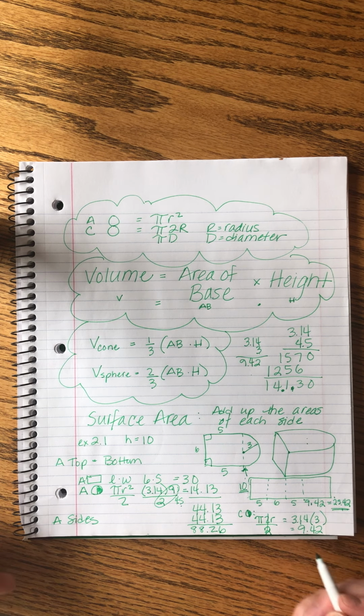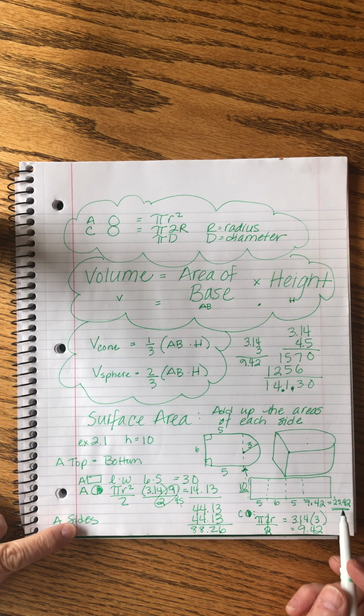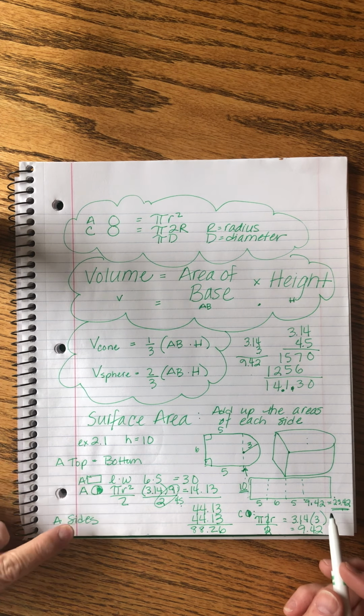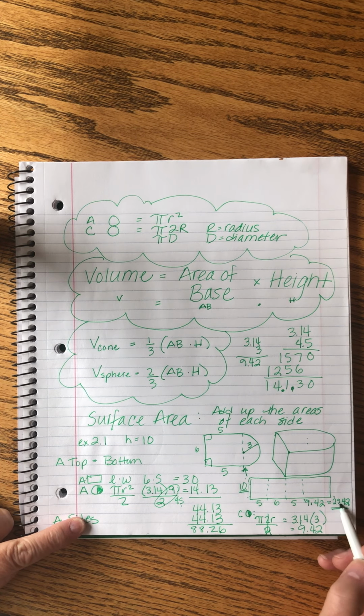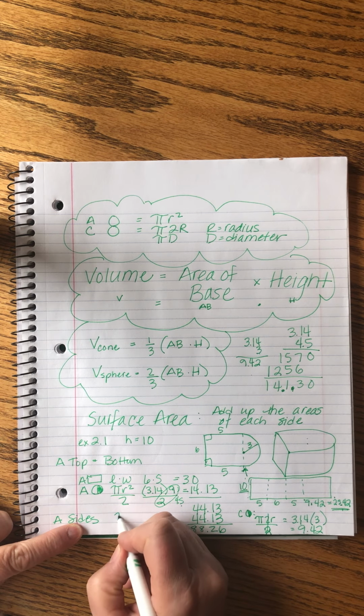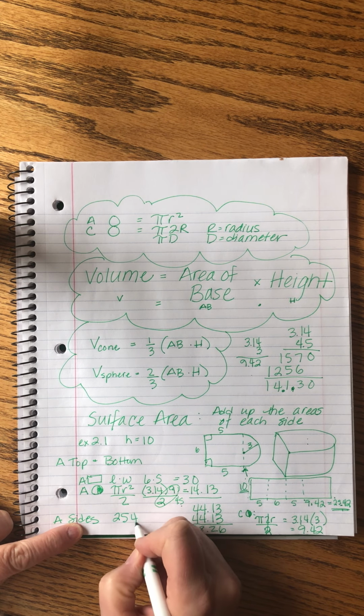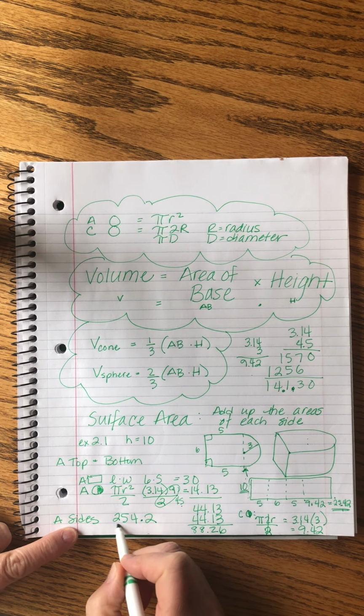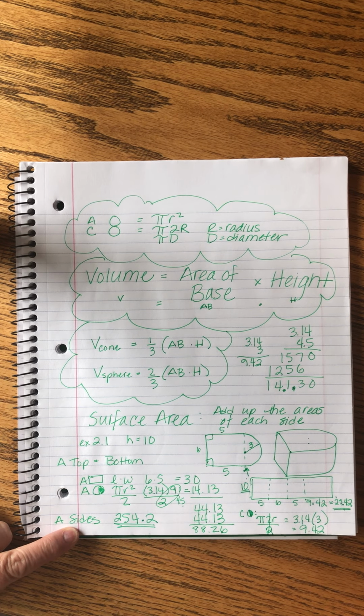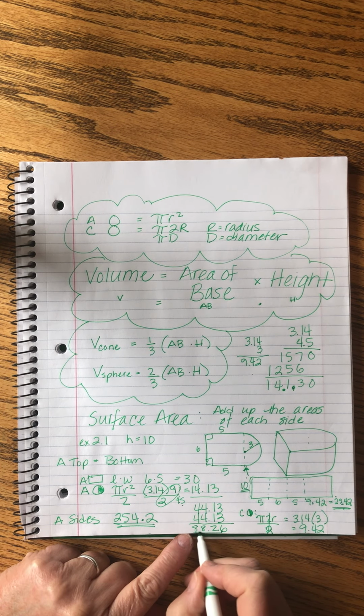Which is, sorry, I was looking ahead at the answer and John's is slightly off from mine and I was trying to figure out why. But you know, one thing at a time. So we take 25.42 and multiply it by 10, and that's 254.2. So there is the surface area of our sides, and there's our top and bottom.